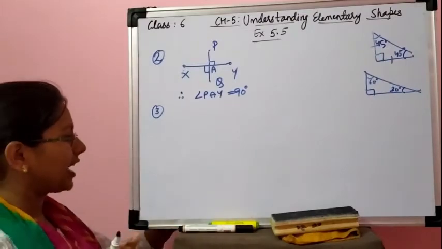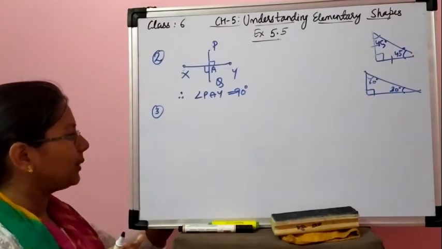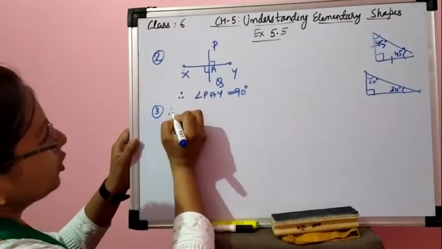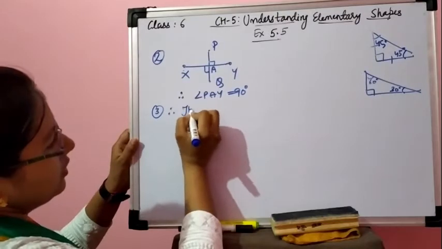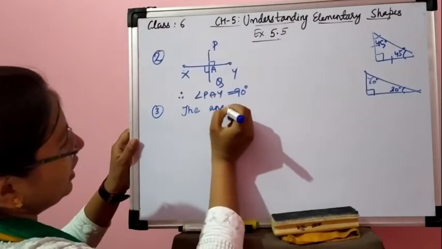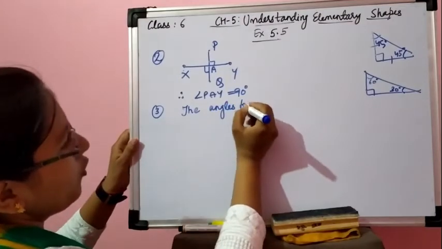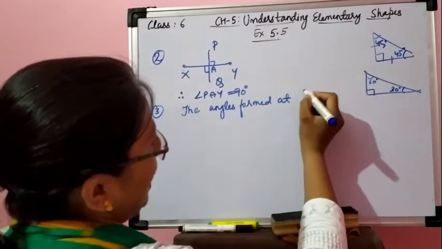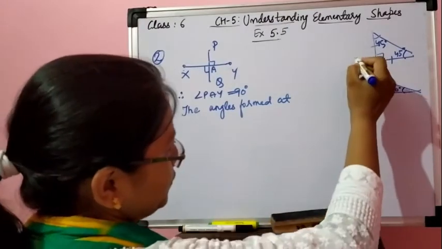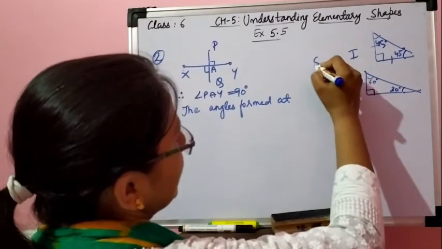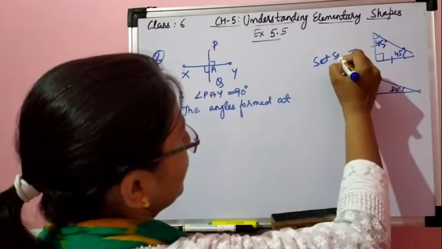Now the first thing they were asking is what are the measures of the angles that are formed at the corner. Simply you can write the answer. The angles formed at the corner, you can make this diagram also. This is the first set square and this is the second set square.